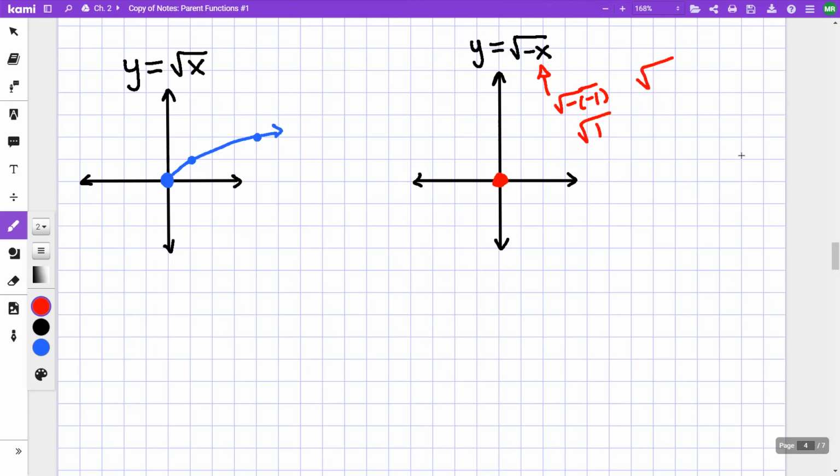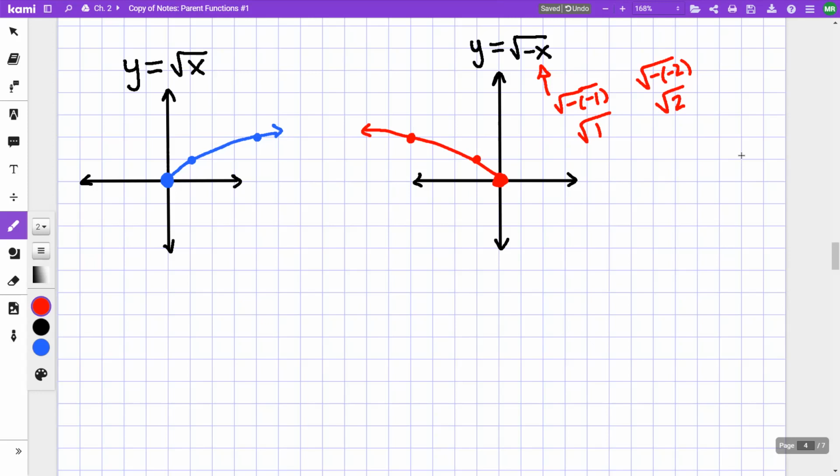And if I put in a negative 2, that would give me a positive 2. So the graph's going to go to the left. I'm going to have a point here because if I put a negative 1 in there, I would end up with the square root of 1. If I went left 4, that would give me a 2 back. So that's going to make this graph go to the left.